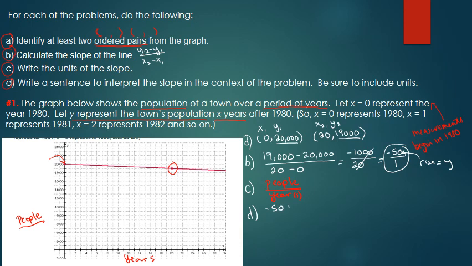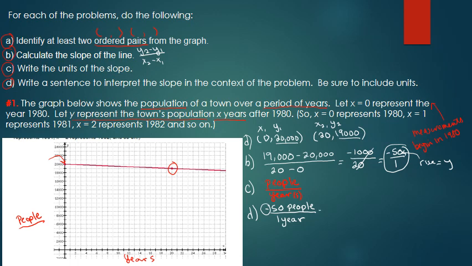But this time I'm going to include the units that I identified in part C. So this is saying that the number of people in the population is decreasing by 50 people per year. Now, it's decreased because there's a negative there. So I would always place the sign in the top. Whatever your y-axis unit is, that's where I would put my negative.